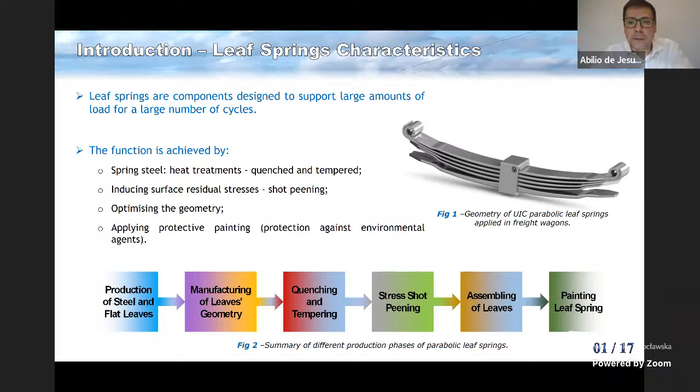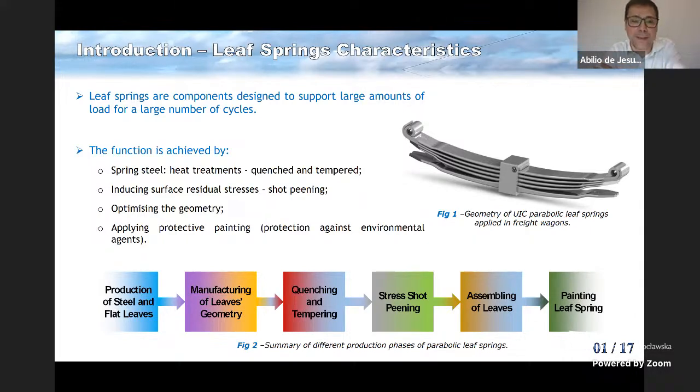So these springs are produced using spring steels that are quenched and tempered steels. They rely on residual stresses, let's say compressive residual stresses on the surfaces induced by shot peening.